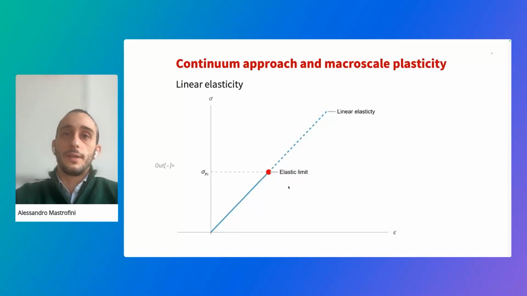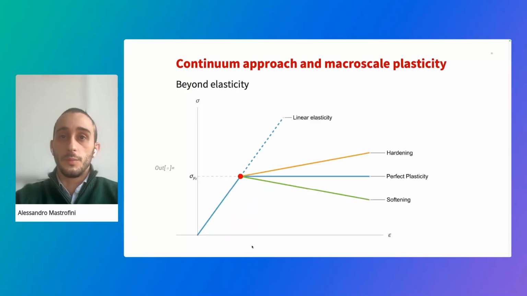This curve here is a general linear elastic curve where the slope is related to the Young modulus. If we consider the yielding point of the material, after the yielding point, the material will no longer follow linear elasticity, but we need to account for a different description. This is where plasticity comes to help.